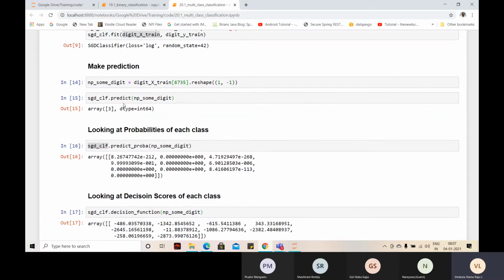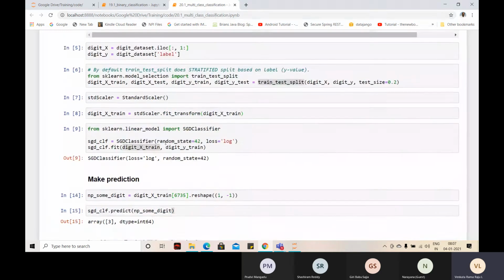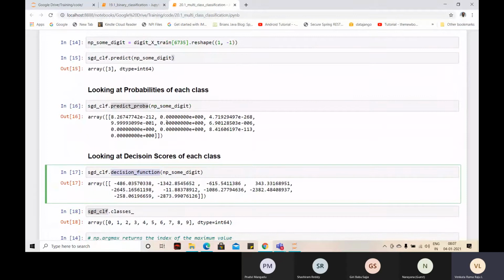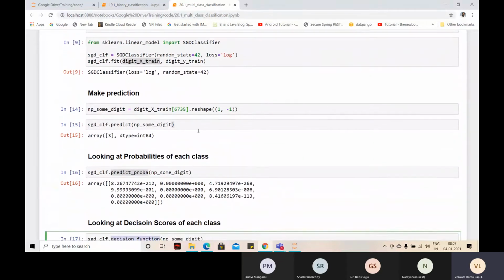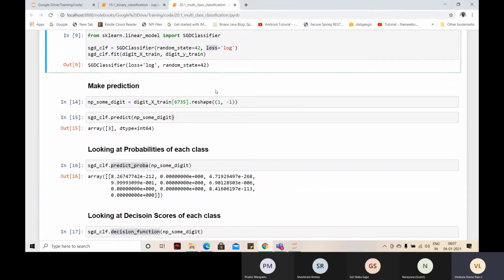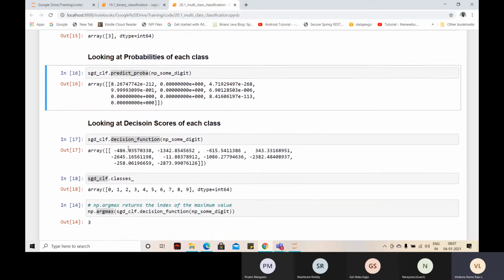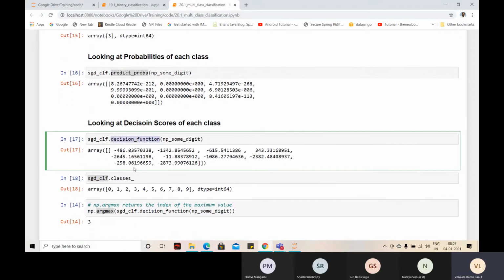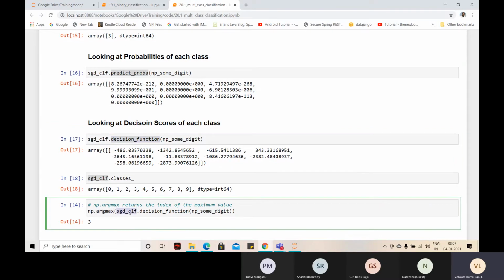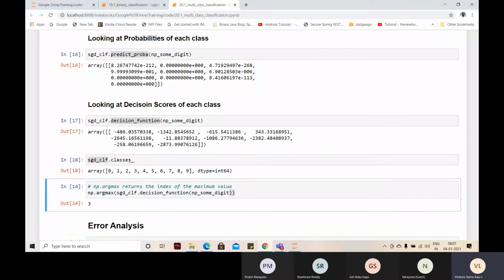When you say predict, the algorithm takes predict_proba or the decision function. Generally it takes the decision function only, because some algorithms will not give probabilities, especially when the loss function is hinge loss. So it takes the decision function, looks at the argmax of the decision function's output, takes whatever the index is, and then predicts that the record belongs to 3.